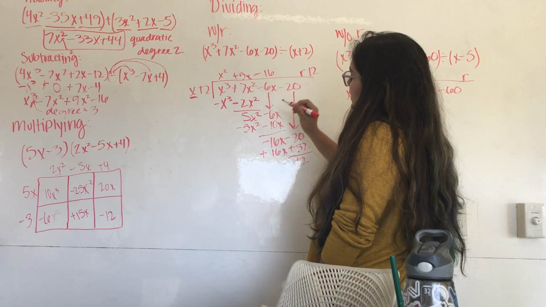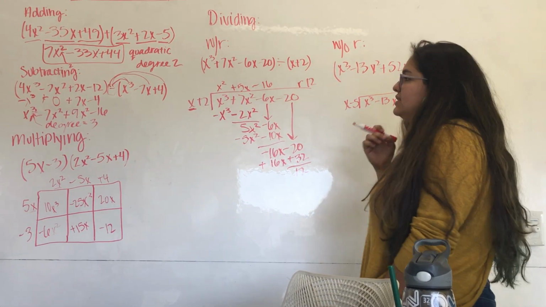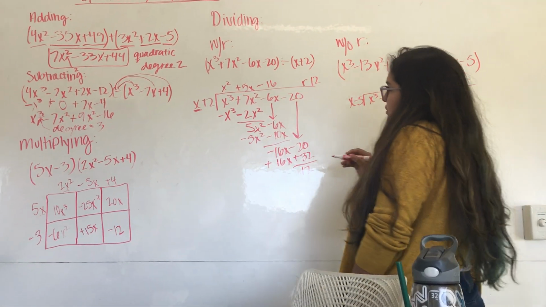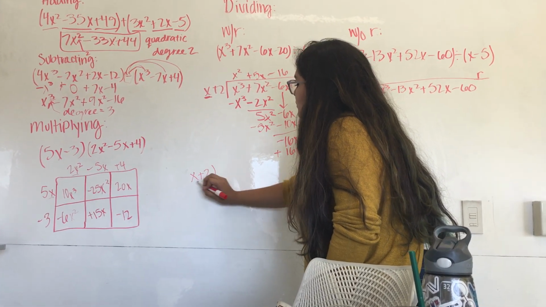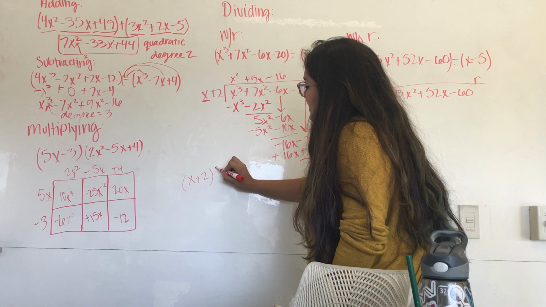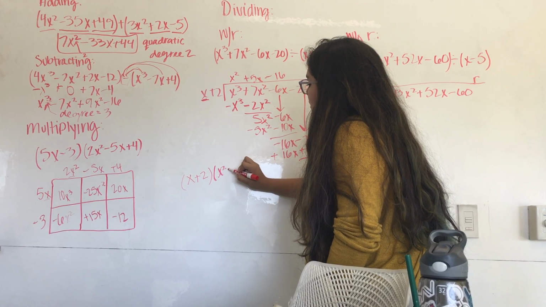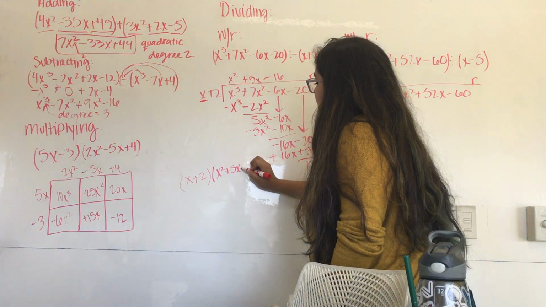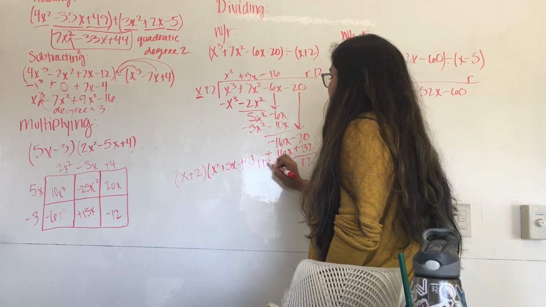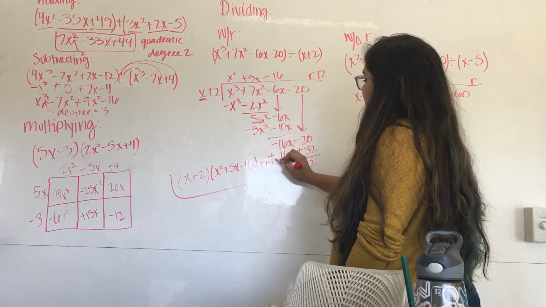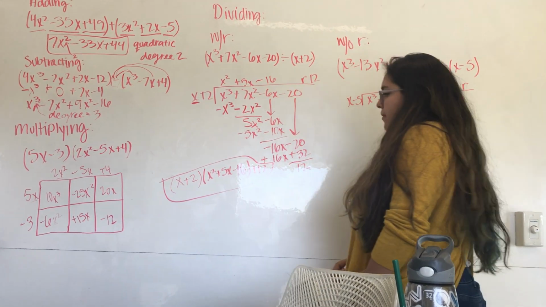So, in order to do that with a multiplication statement, you would have to do x plus 2 times x squared plus 5x minus 16, and then you can add 12. And that is our multiplication statement.